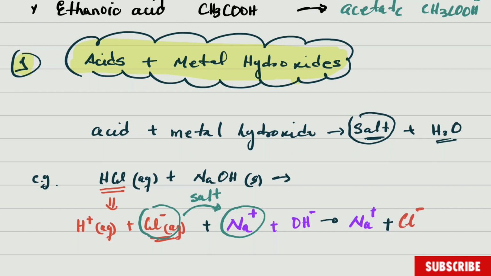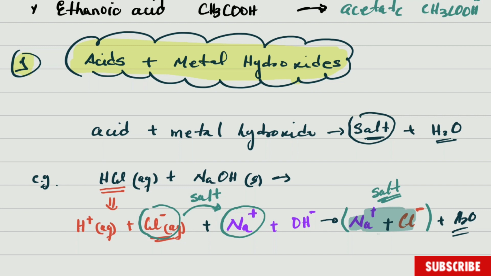These two will come together to form the salt. Then what is left is the positive ion of the acid and the negative ion of the base, and that will give you the water, H2O.